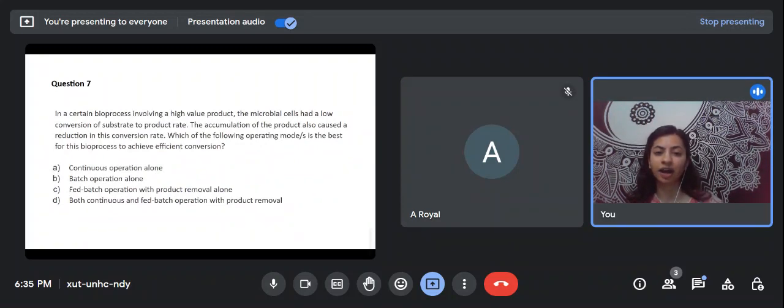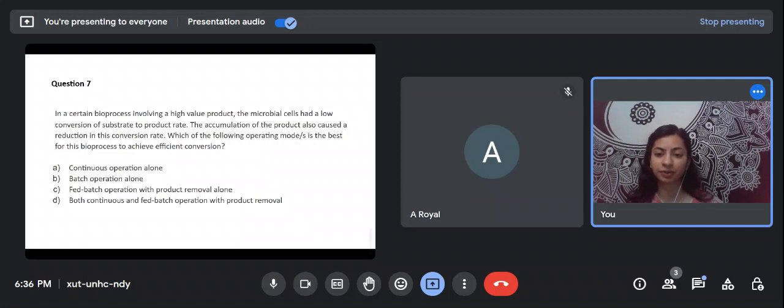In a certain bioprocess involving a high value product, the microbial cells have a low conversion rate of substrate to product. The accumulation of product also causes a reduction in this conversion rate. Which of the following operation modes is the best for this bioprocess to achieve efficient conversion?